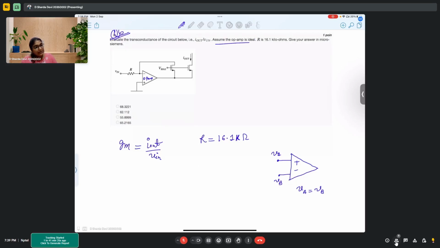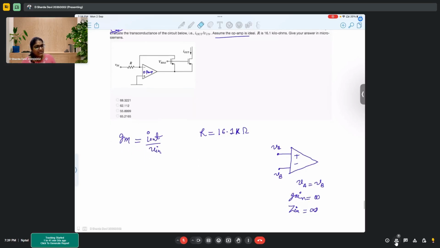And then we have gain is infinity, so it comes from the same thing. Zin is infinite. Zout we don't talk about generally. So Zin is infinite. These are the major things that you know from your ideal op-amp.